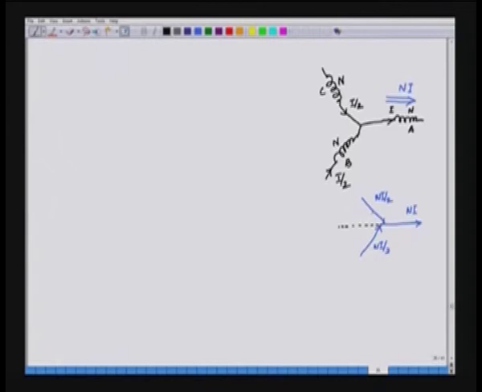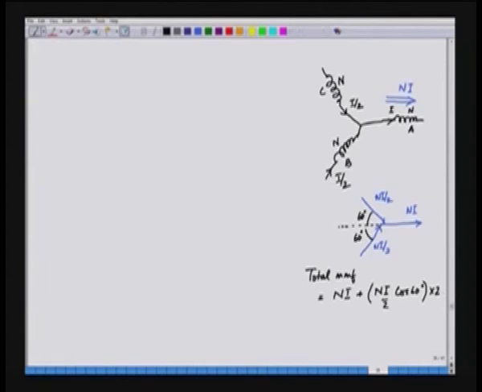The MMF being a vector, this is 60 degrees, this also 60 degrees. So, the total MMF is equal to Ni plus Ni by 2 into cos 60, and since we have 2 other phases, multiplied by 2.